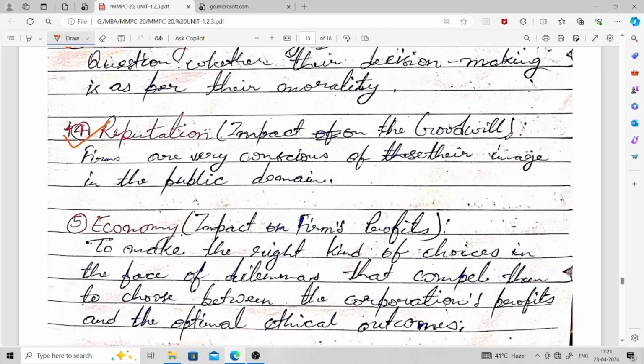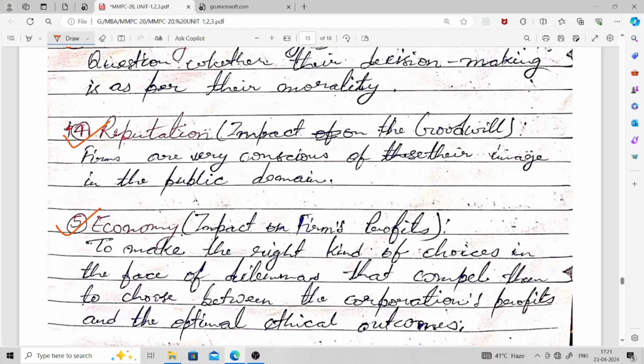Then you have the next one, that is the economic impact on the firm's profits. It means making the right kind of choices in the face of dilemmas that compel them to choose between the corporation's profits and the optimal ethical outcomes.